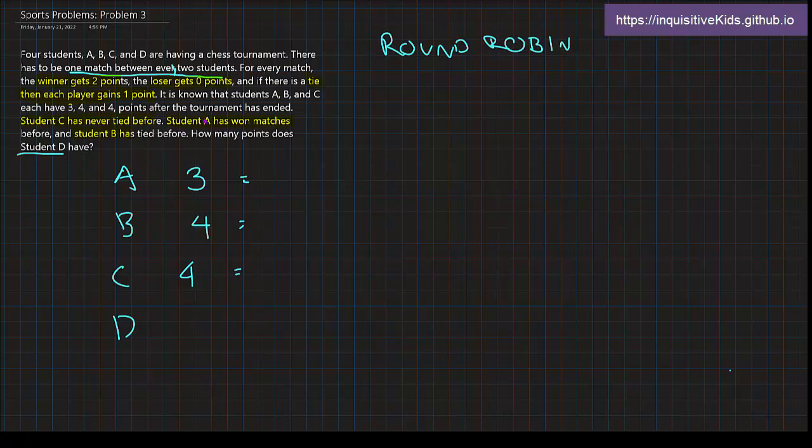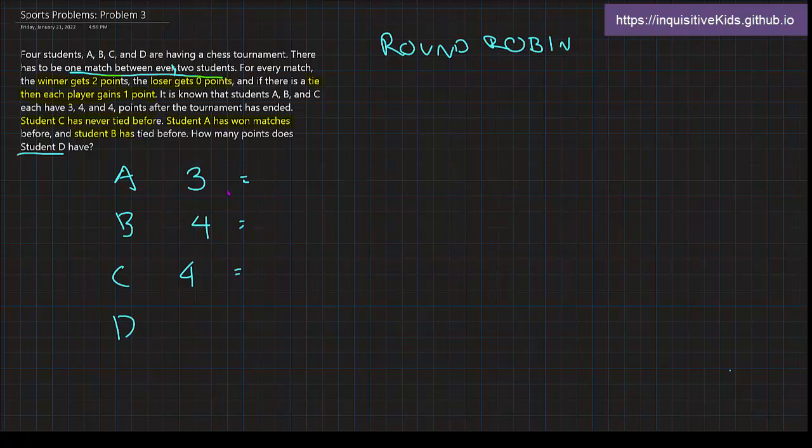Student C has never tied before, which means that student C cannot have 1s in it. Student A has won matches before, so it means that student A has at least one 2 in there. And student B has tied before, so student B has at least one 1 in the 4. So let's write that down.